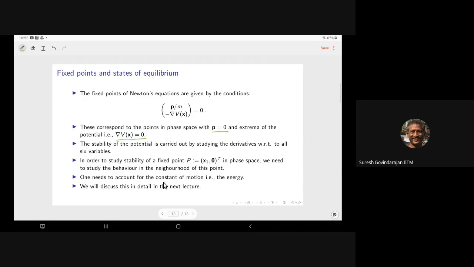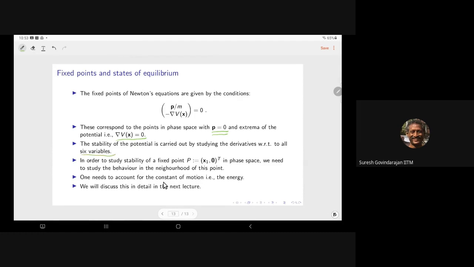Okay. In your BSc days or in earlier classical mechanics classes, one tends to forget this condition and just write gradient of V of x equal to 0 and solve it very fast, but you forget that there are 3 other conditions, where p1, p2, p3 should be 0. And the stability of the fixed point is carried out by studying the derivatives with respect to all 6 variables.